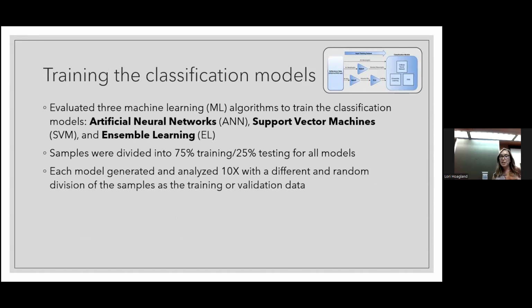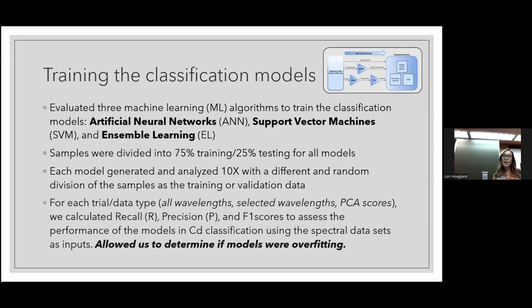Each model was generated and analyzed 10 times with different random data sets to validate it. And then with each trial and data type, we used 3 methods: the recall, precision, and F1 scores, to evaluate the performance of the cadmium classification models. And this is really important to make sure the models weren't overfitting the data.